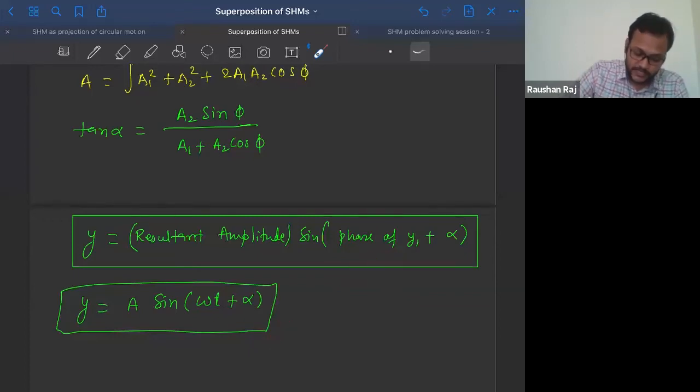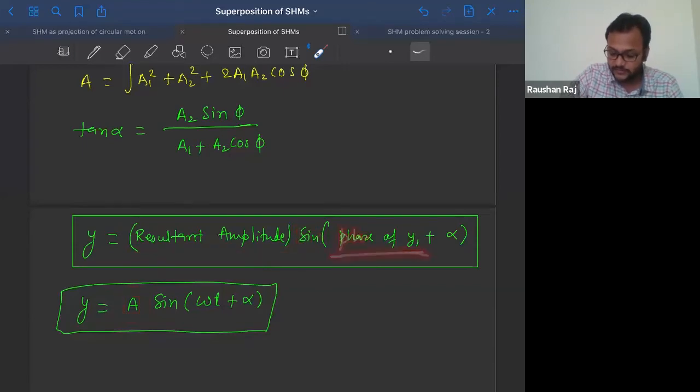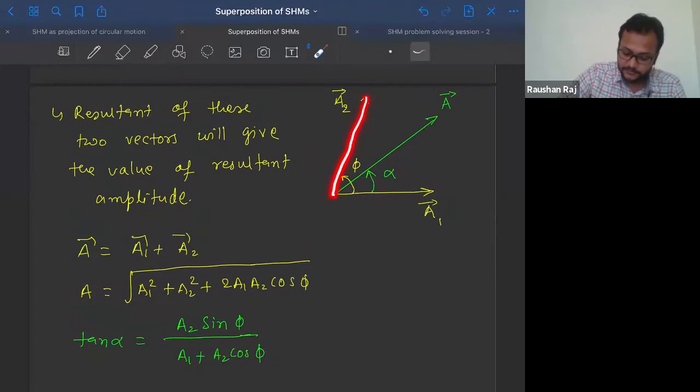When I'm asking you to write the resultant equation, we write it as the resultant amplitude A into sine of the phase of Y1. Why am I saying the phase of Y1? Because when you observe this phasor diagram, what is the angle between these two vectors? When we assume the angle between them is phi, that is the phase difference, right?